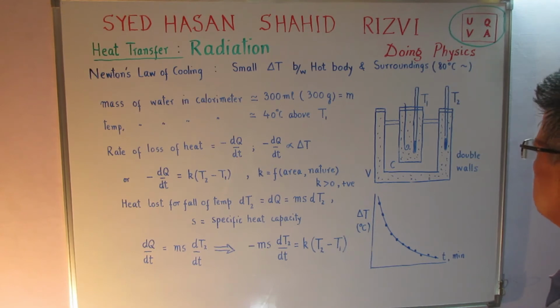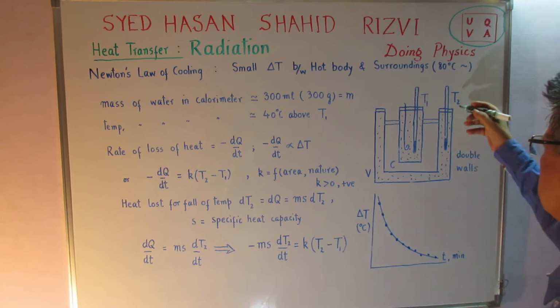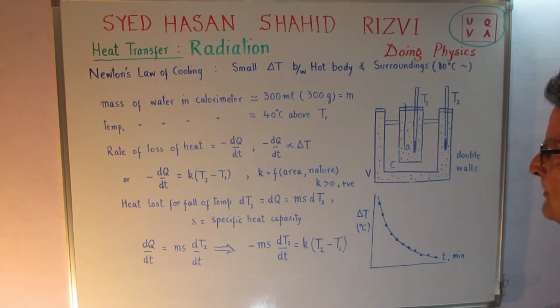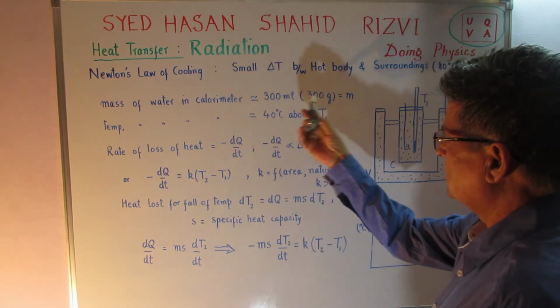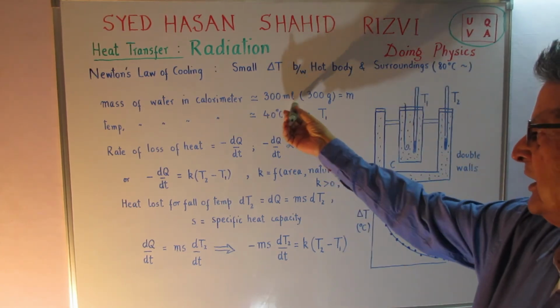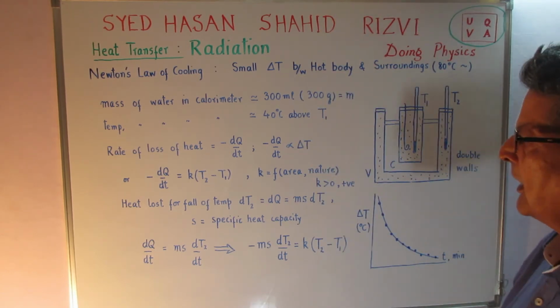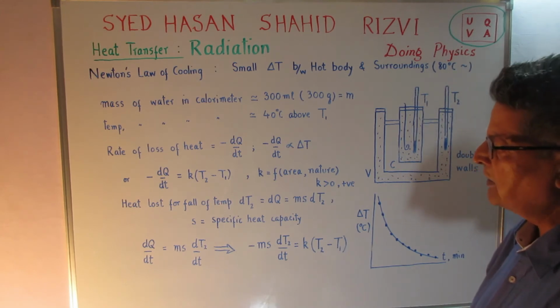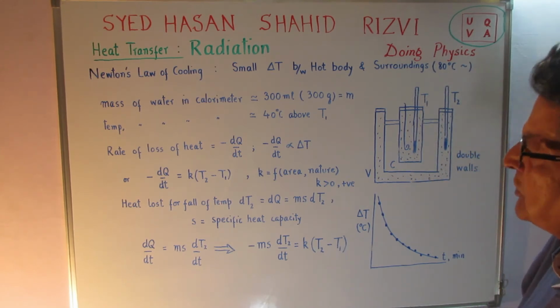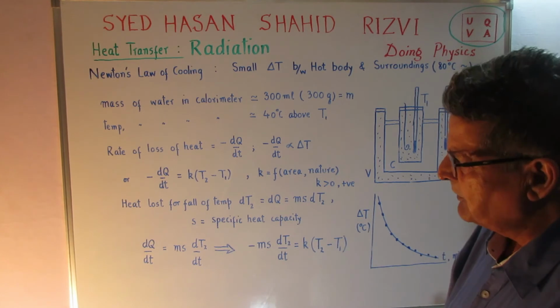The temperature T1 of the surroundings is less than the temperature of the body, and maybe we take a mass of water in the calorimeter of about 300 grams, equal to m. In fact, 300 ml also counts as 300 grams at normal temperature and pressure at which the experiment is conducted. The temperature of the water in the calorimeter is about 40 degrees above this temperature T1.